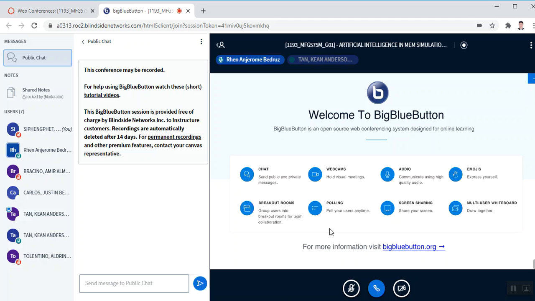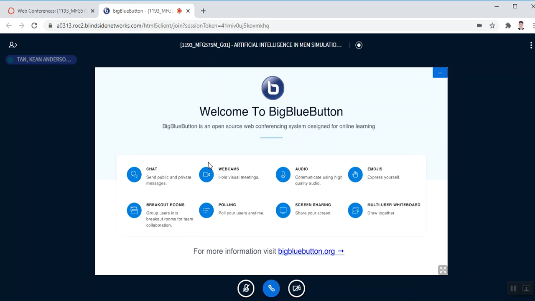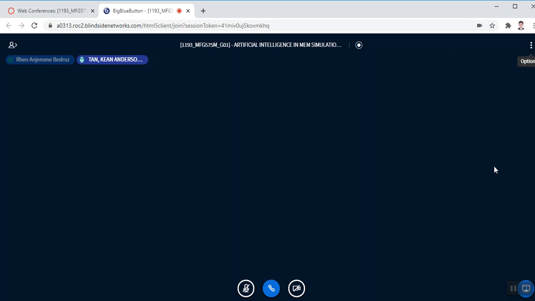Sir, I'm using an iPad, but the desktop was able to join. You can't share it yet. The purple circle is on my desktop, so maybe I'll use that. Wait, I'll change. Is it okay? Nakikita na po ninyo, sir? No, not yet.